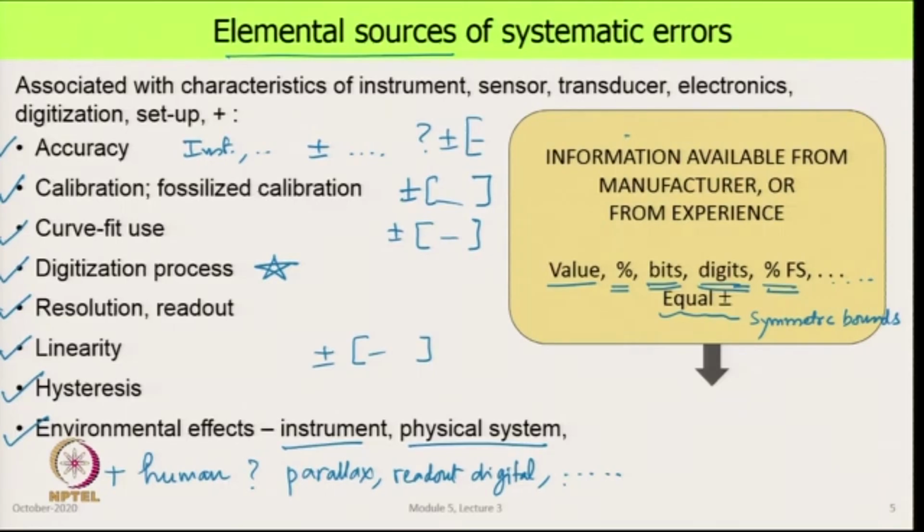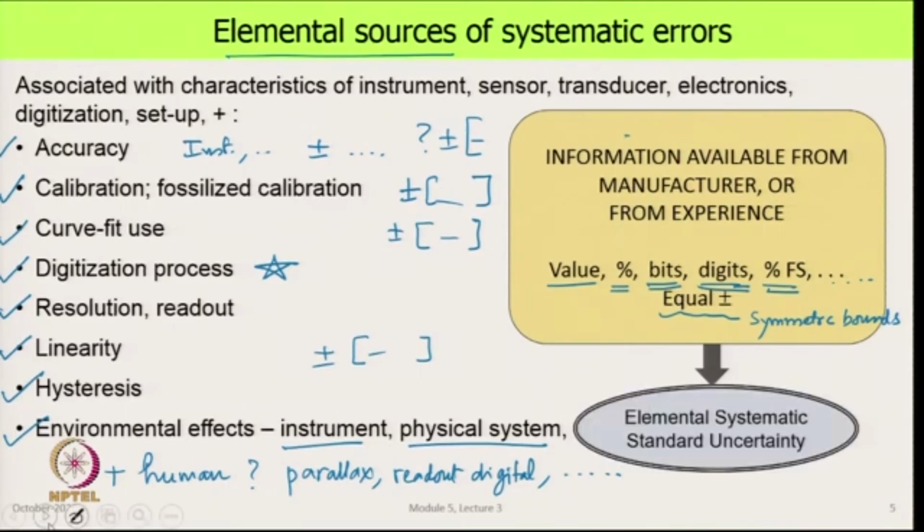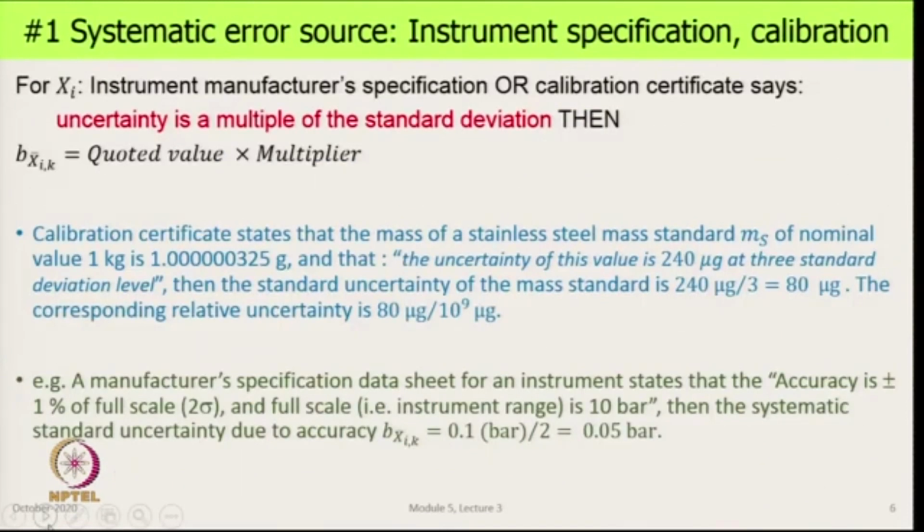And our job now is to use this information to calculate the elemental systematic standard uncertainty B x i bar comma j. So, there are many ways of doing this depending on how this information is available, and we will look at these in the next few slides. The first one, we say that we have information about instrument specification and its calibration.